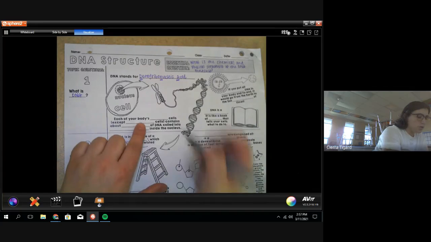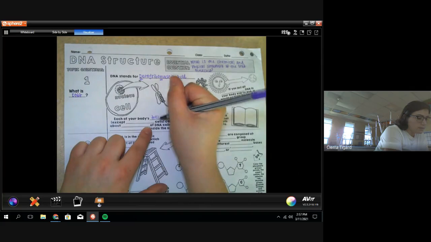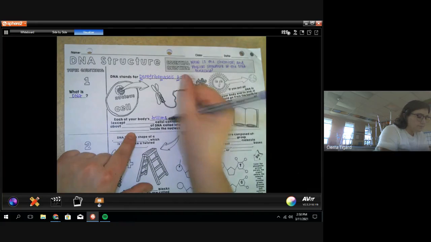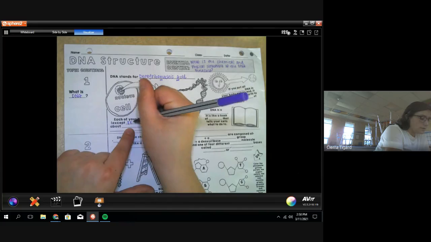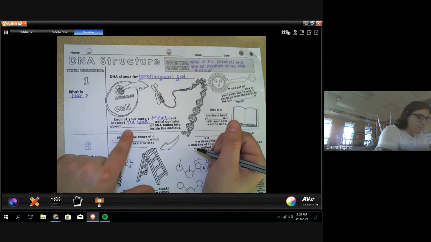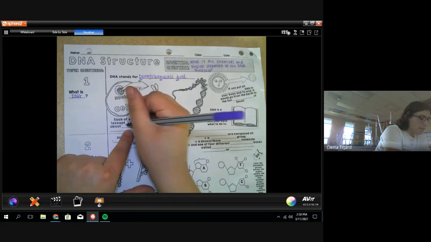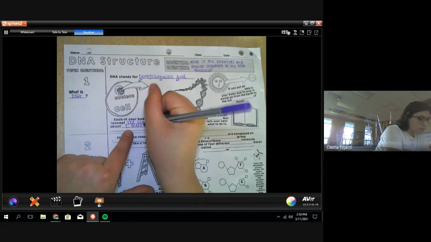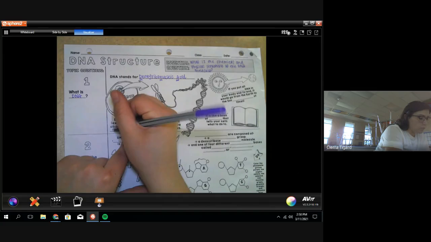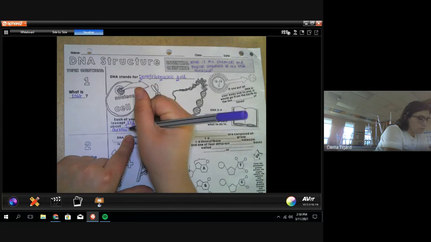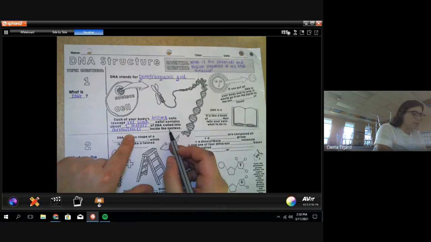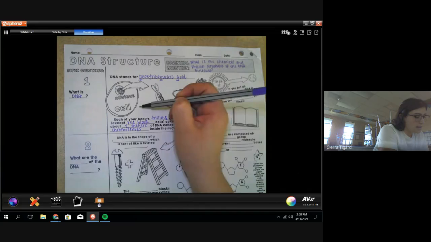So each of your body's trillions of cells, except red blood cells, contains about 2 meters of DNA coiled into chromosomes inside the nucleus.